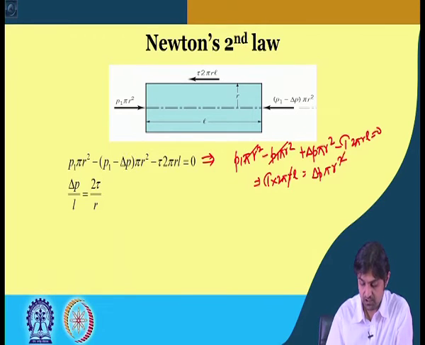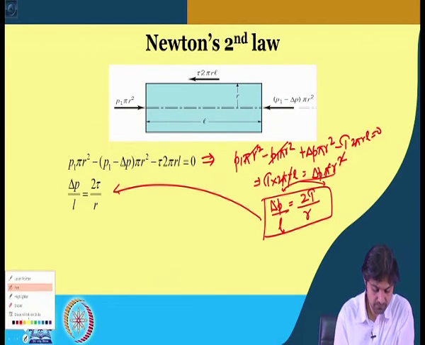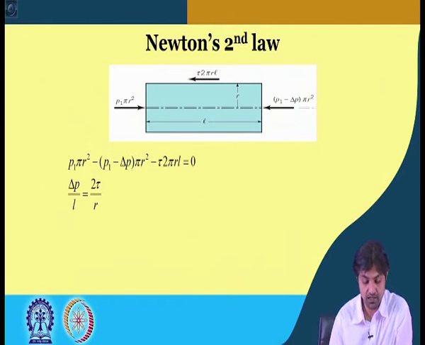So, this r and this r get cancelled, pi and pi get cancelled. If we bring L to this side, delta P by L can be written as 2 tau by r. This is exactly the same as we have written here. All right. So, we get delta P by L is equal to 2 tau by r.